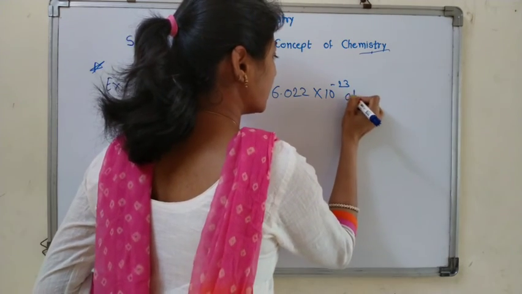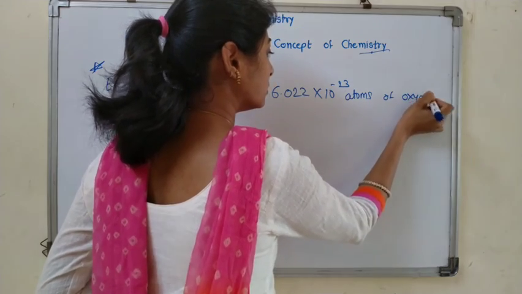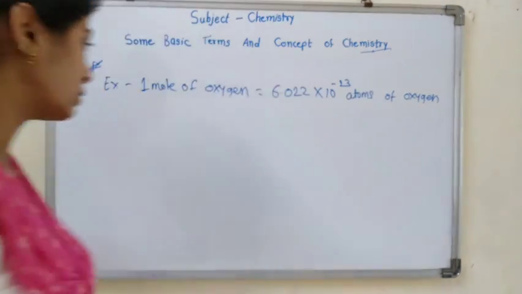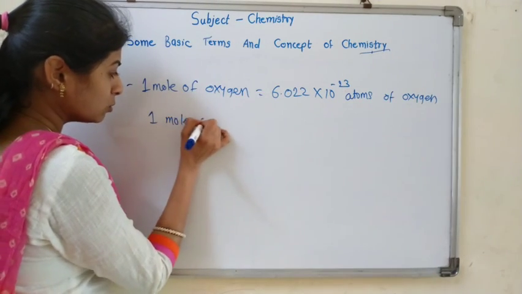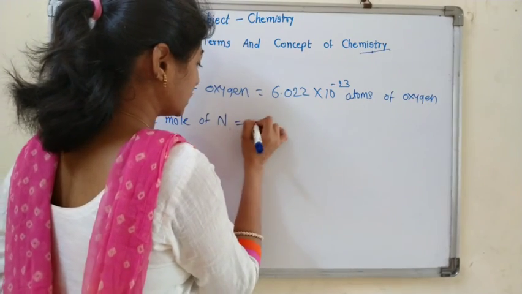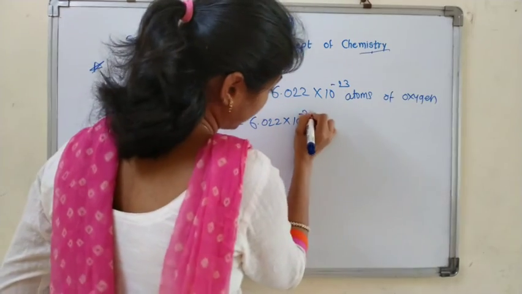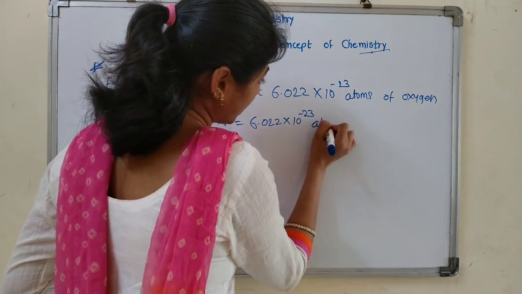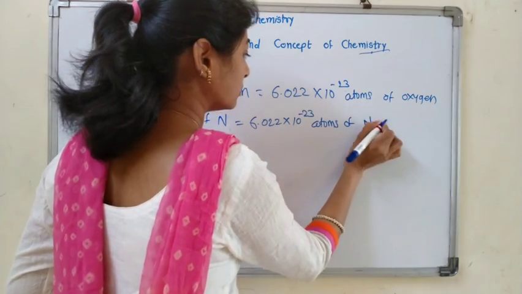Particles, atoms of oxygen. Same in the case of nitrogen. 1 mole of nitrogen is equal to 6.022 into 10 to the power 23 atoms of nitrogen. Okay.